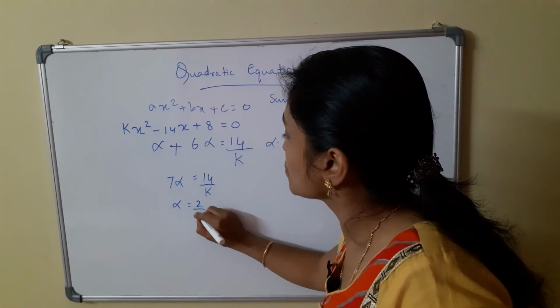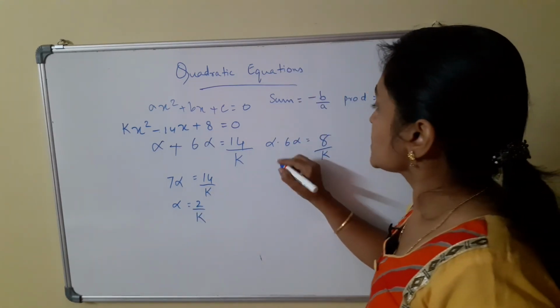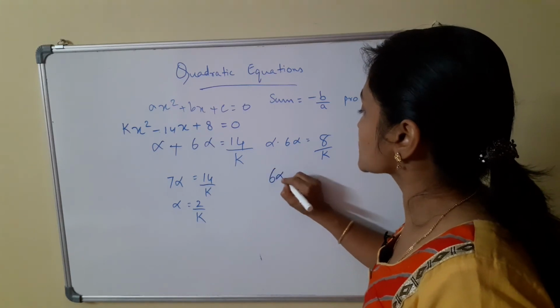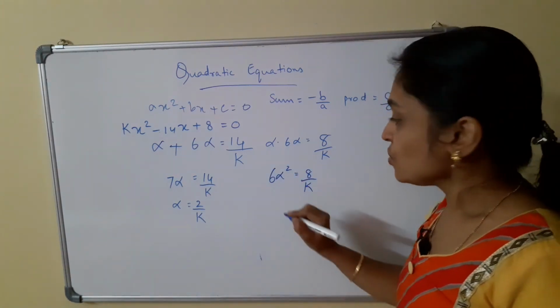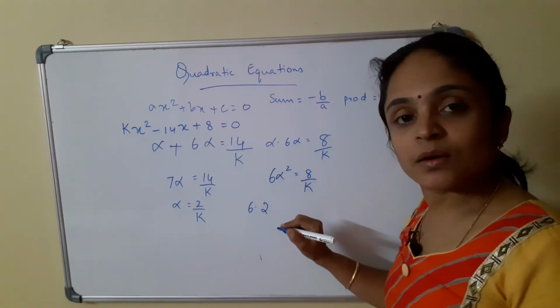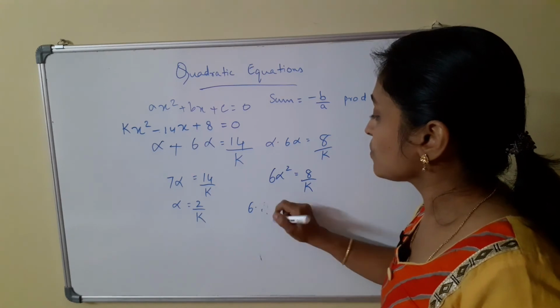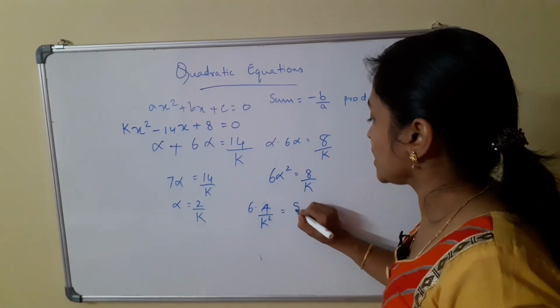Alpha equal to 2 by k. Substitute this alpha here. This is 6 alpha square equal to 8 by k. So, 6 into 2 by k the whole square. It is 4 by k square equal to 8 by k.